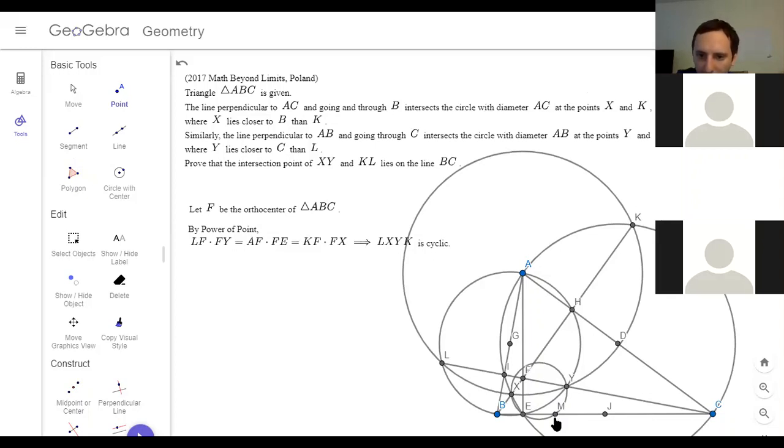I think that's probably just an angle chase, though. So how do we show L, X, and M are collinear? I guess we could try to show angle XMY is angle LM.